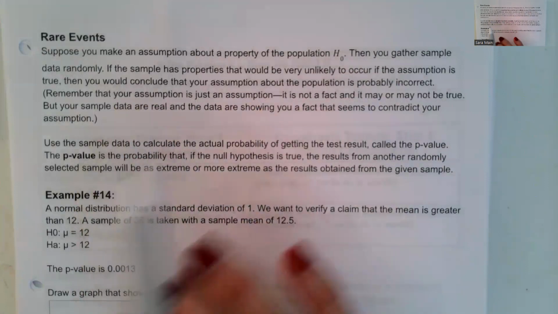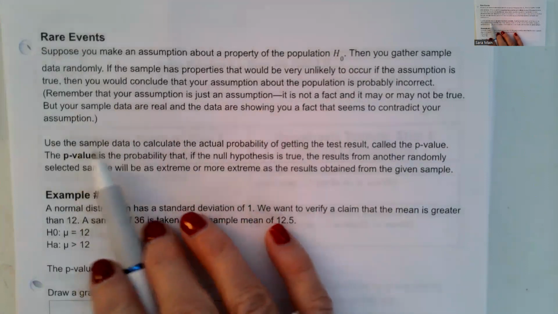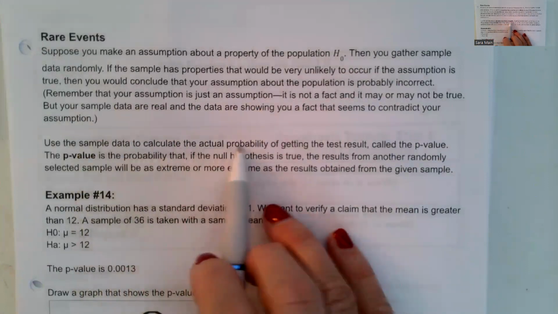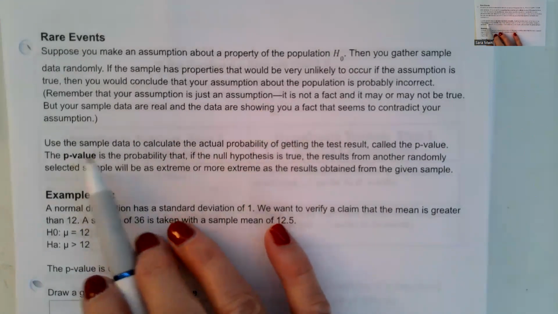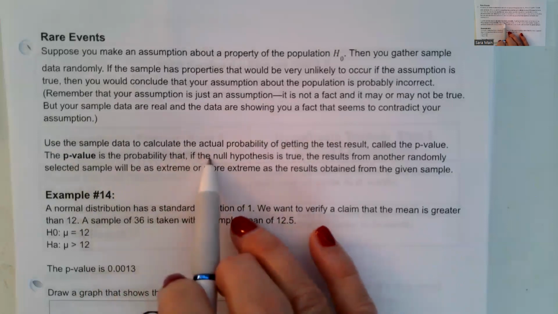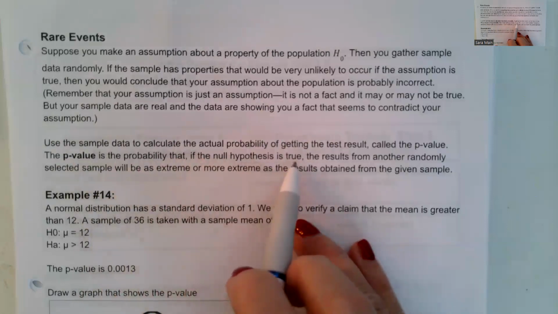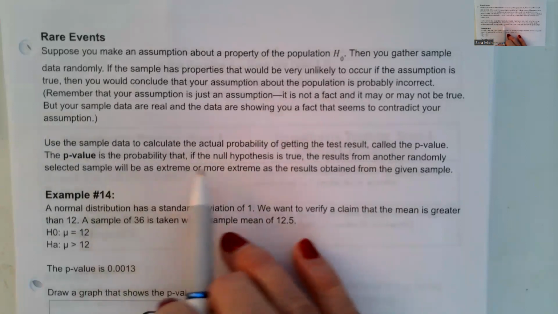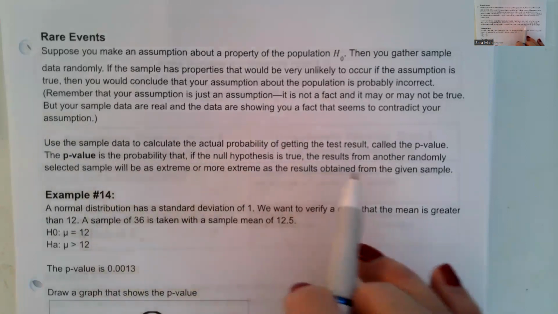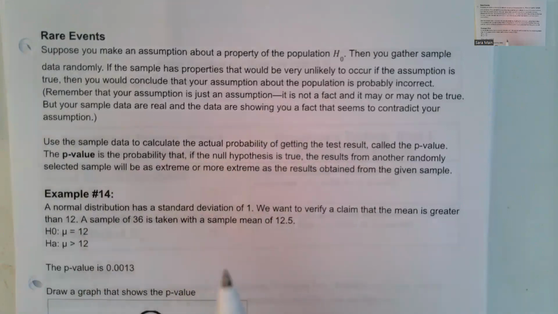So we're going to do this in 2 different ways this semester. It says use the sample data to calculate the actual probability of getting the test result, called the p-value. The p-value is the probability that if the null hypothesis is true, the results from another randomly selected sample will be as extreme or more extreme than the results obtained from the given sample.